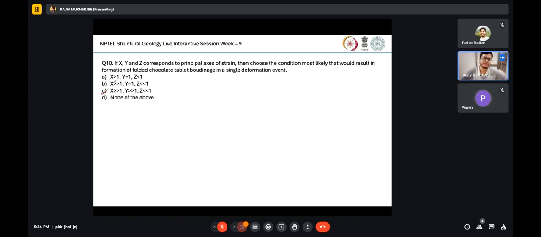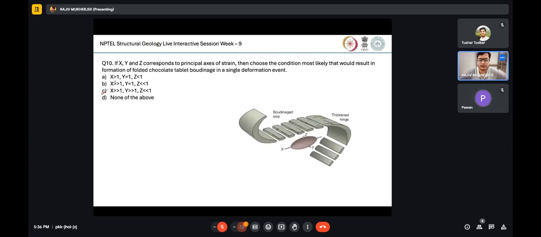So the reason behind it is, if we have a fold in the flattening field, right? In the Flinn diagram, we have the y-axis k equal to infinity, the x-axis k equal to 0, and the plane strain condition where k is equal to 1.